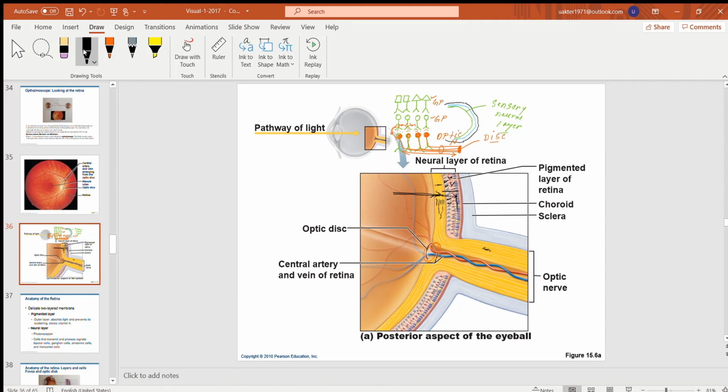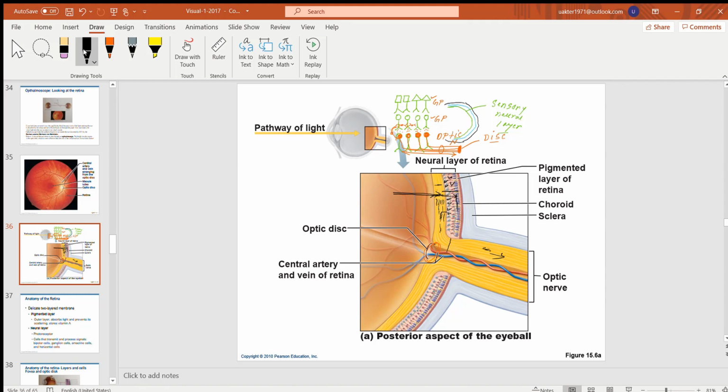So all the axons of these ganglion cells bundle to form the optic nerve that exits through the optic disc. That's why you see the photoreceptors are missing in this area where the optic disc is. Also, through the optic disc, the blood vessels pass.